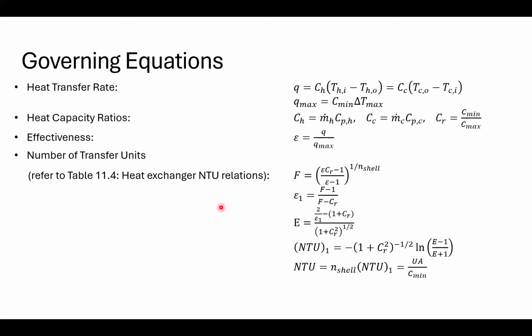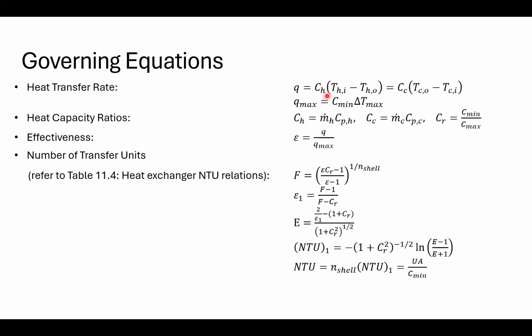So what this problem really boils down to, no pun intended, is really just plugging numbers into the equations you can see on this slide and ultimately working your way towards a final solution. And so the equations that I have listed here include the heat transfer rate for this heat exchanger.